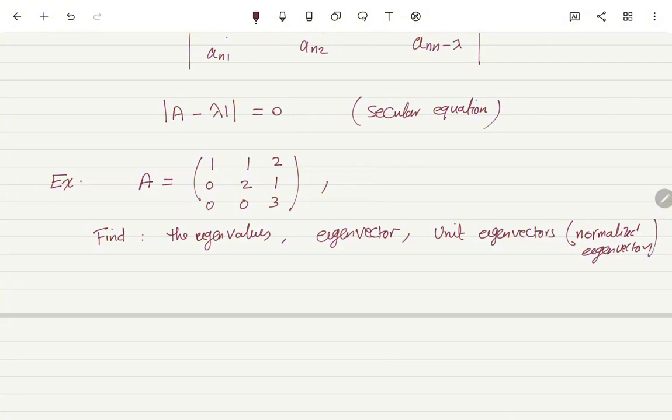So we have this matrix here. We would like to find the eigenvalues, eigenvectors, and the normalized eigenvectors.